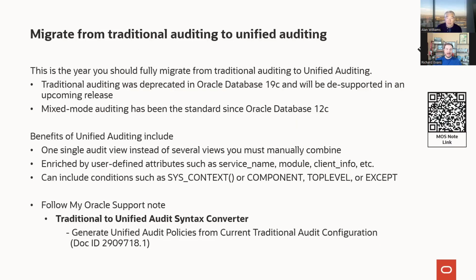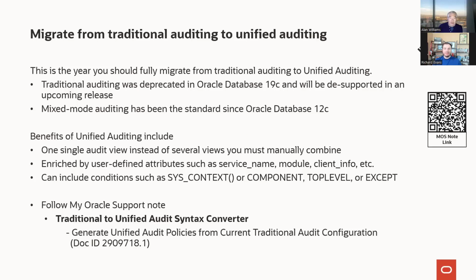We also have a Micro support note out there on migrating from traditional to unified audit. You might have seen the 23c beta developer release came out on Monday, I think it was. As we move toward 23c, we're de-supporting traditional audit. So we want you to be familiar with unified audit, know how to utilize it, and take advantage of some of the new capabilities, such as context, component, top level, or exceptions.